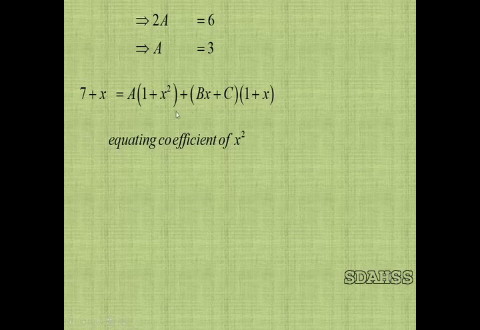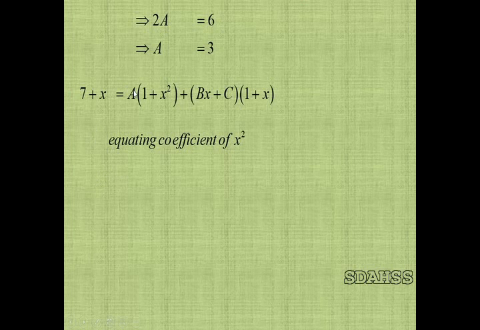Then equating the coefficient of x square. Consider the same second equation. In the left hand side there is no x square term, so you have to put 0.